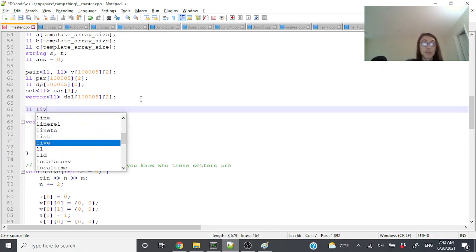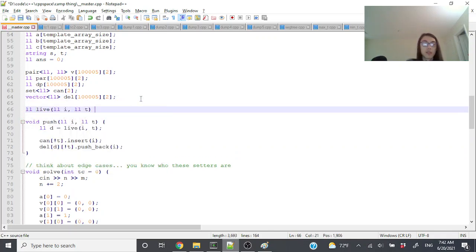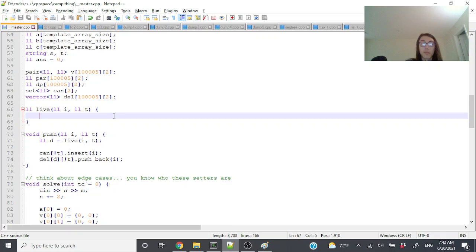Okay. Worst is equal to, so it should be dp[i+1] and then not t, right? So this is how much we can live on the other side. dp[i+1], not t.